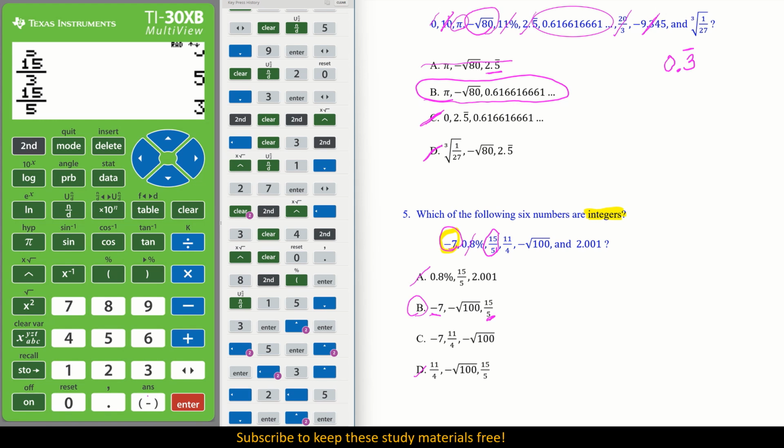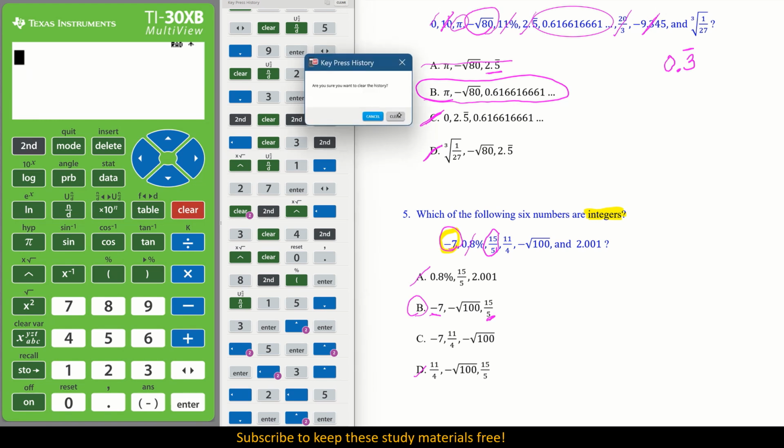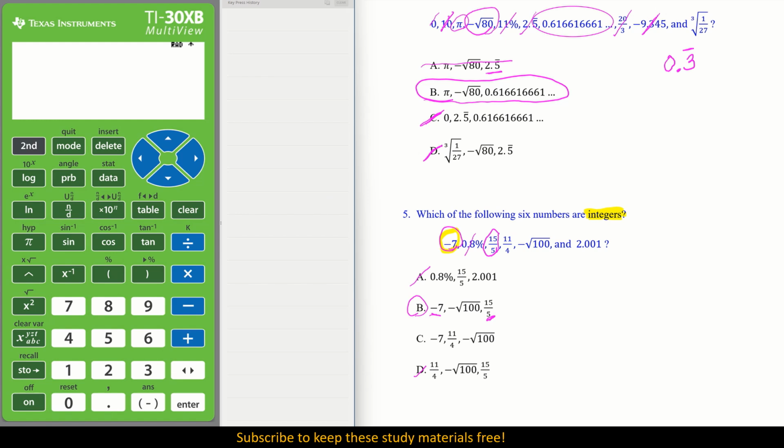Now, let's look at 11/4. Okay, well, you can clear everything out. Actually, I'm going to clear out all the things I have here too. Clean slate, because we're putting in a lot of items. So let's push our fraction button, put in 11, arrow down. There's your 4. Push enter.